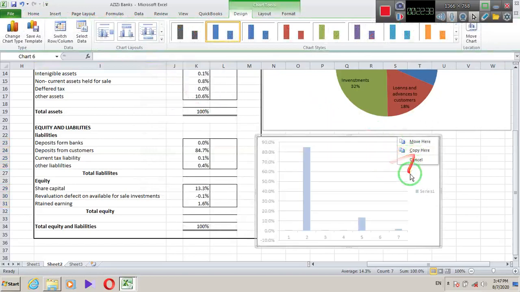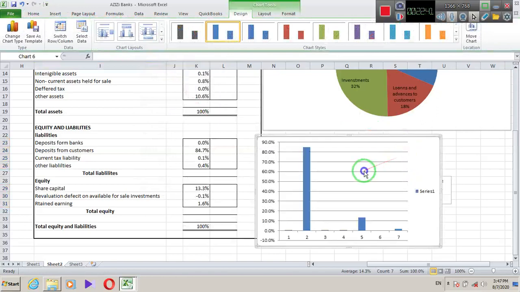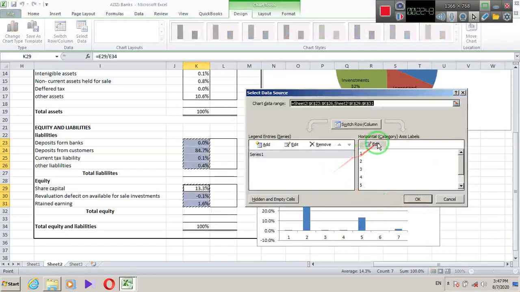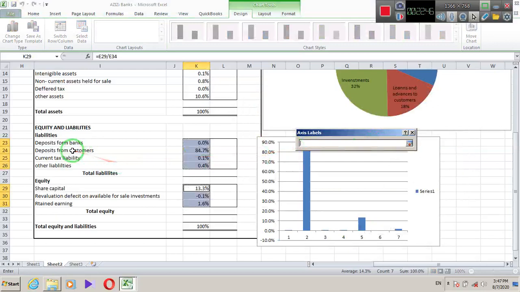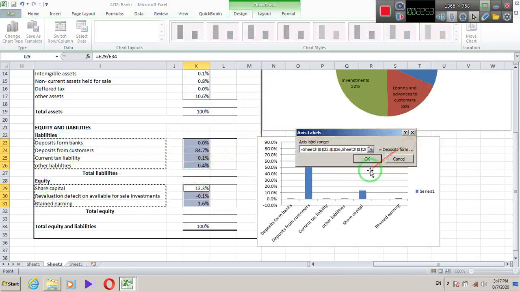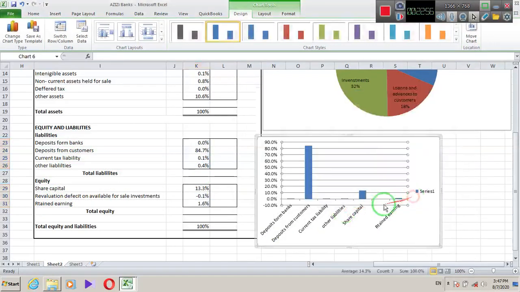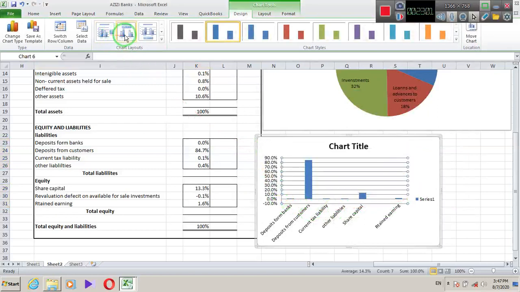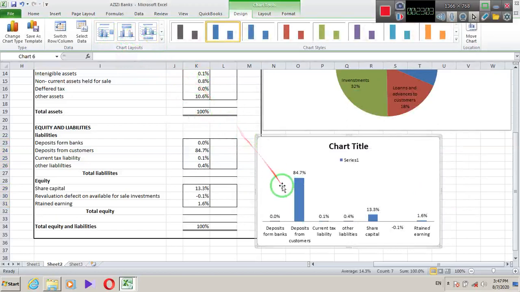Now select data. For this we have to select this and this. Now see, it is showing how much percentage of this, how much percentage of this. 84.7% deposit from customer, 13.3% share capital, and minus 0.10 retained earning.